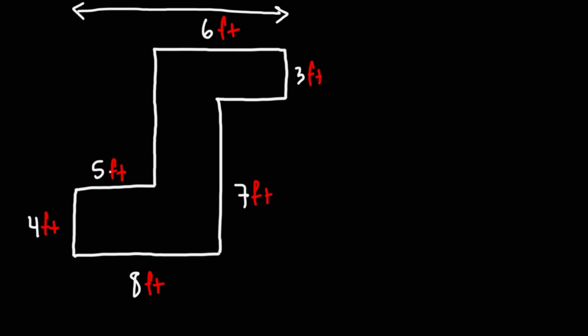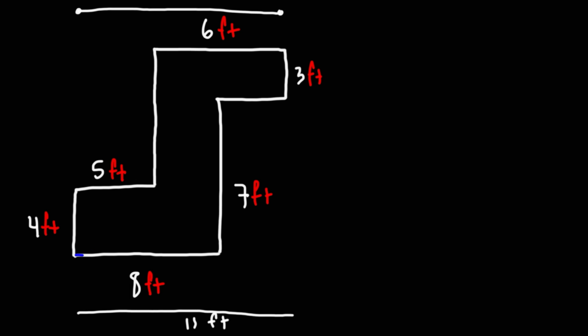That segment is 5 plus 6. That segment is 11 feet long if we add these two side lengths. And that should equal this segment here, which is also 11 feet.